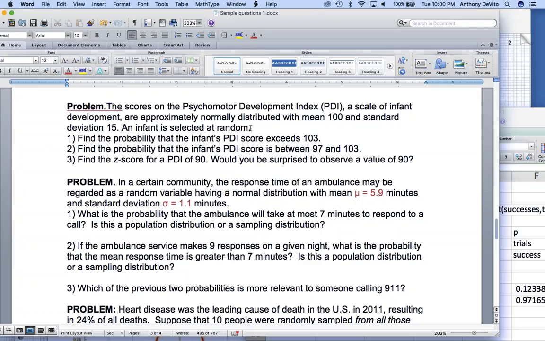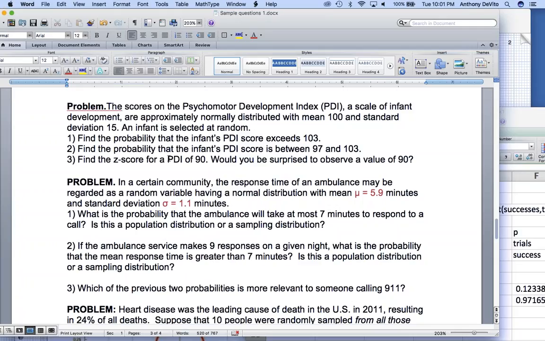Well, I can see right away that 103 is 3 above the mean of 100, and the standard deviation is 15. So my z-score for 103 is not going to be an even number like one standard deviation above or below, so I'm going to have to use my z-table to calculate that. Also, find the probability that the score is between 97 and 103.